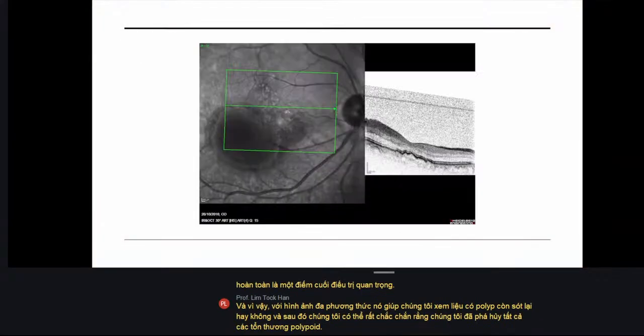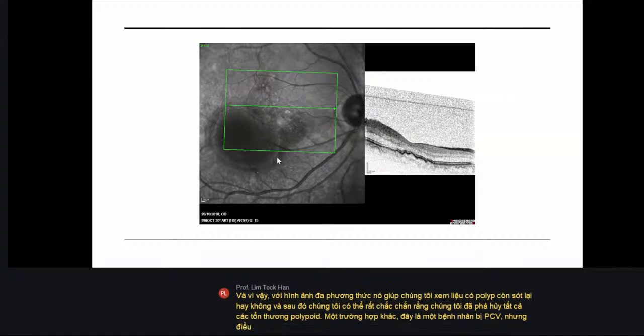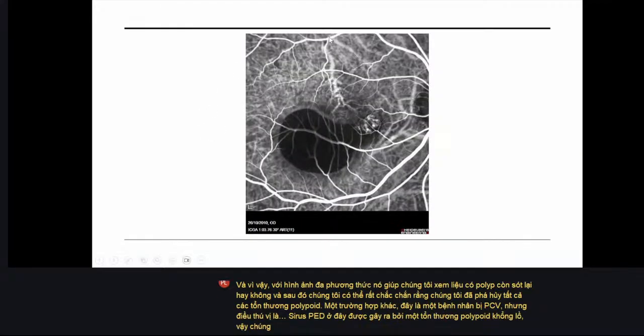So another case. Now, this is a patient with PCV, but interestingly, the serous PED right here is caused by a giant polypoidal lesion. So let's see the ICG. You can see that here is the branching vascular network, very thick vasculature.